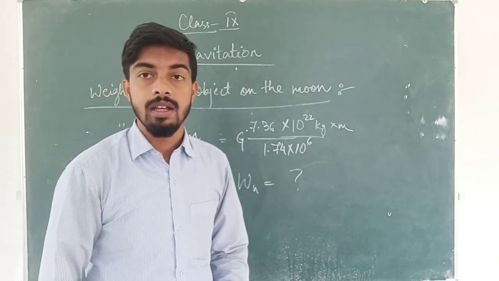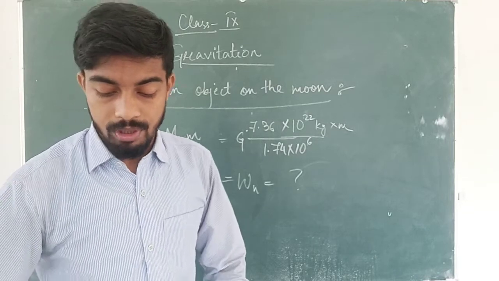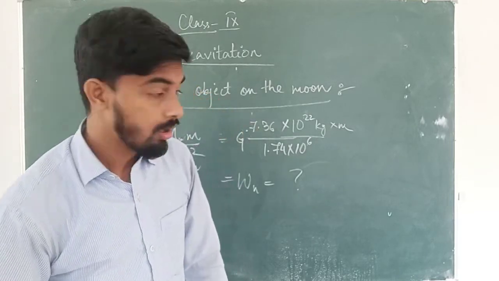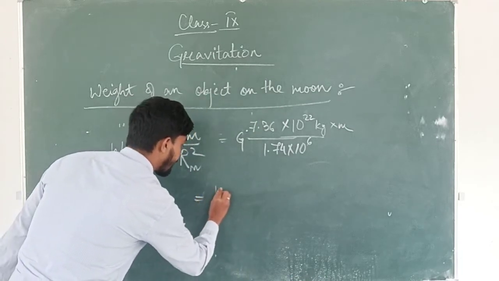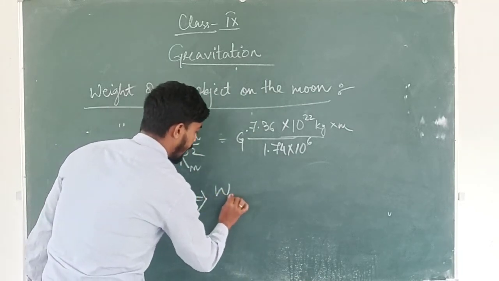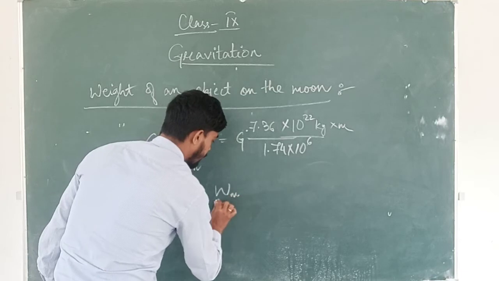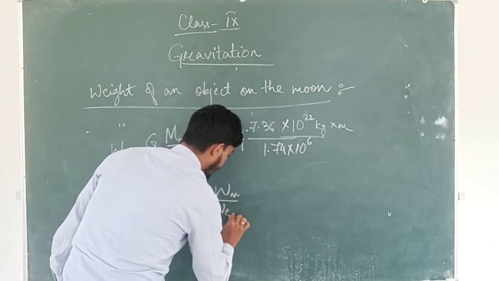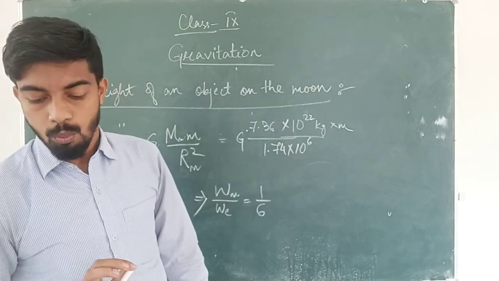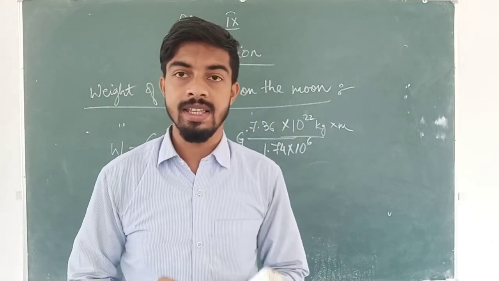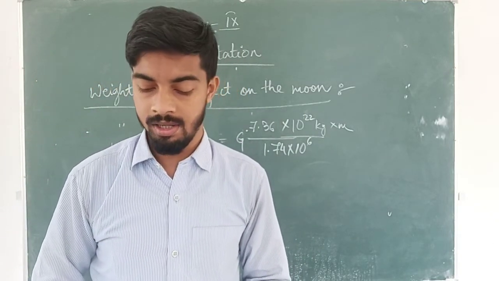Then the ratio of the weight on the moon to the weight on the earth is taken, and the ratio comes as 1/6. That means the weight on the moon is 6 times less than on the earth.